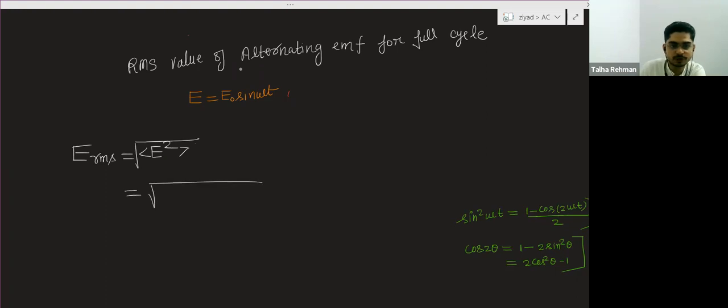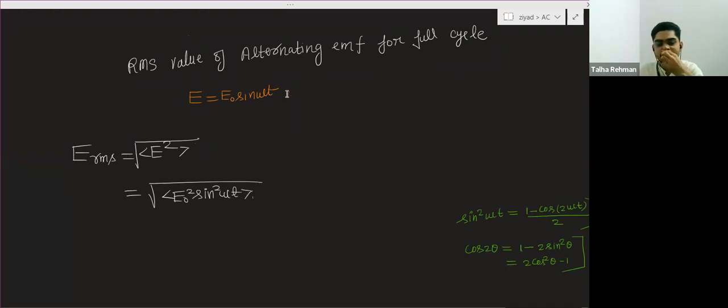So now put the value. This is under root, and E square means E naught square sine square omega t. So you will put E naught square sine square omega t, and take the mean of this.